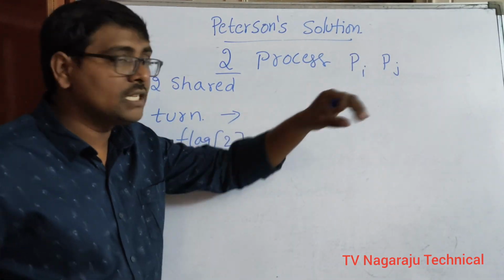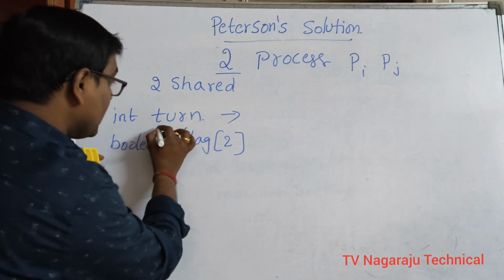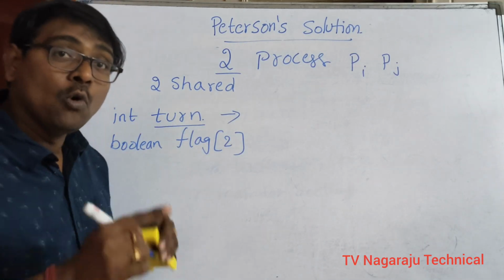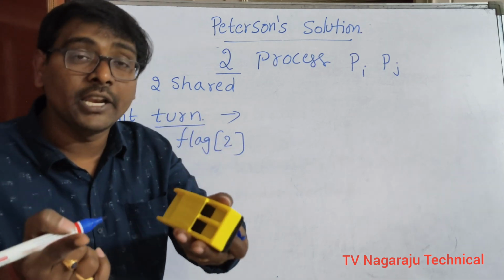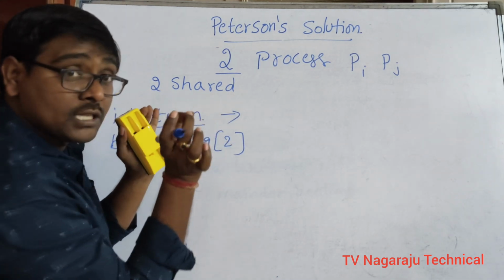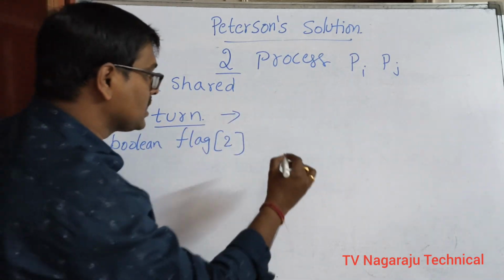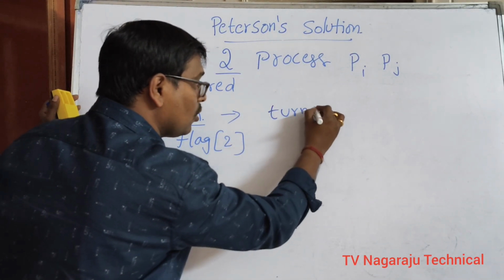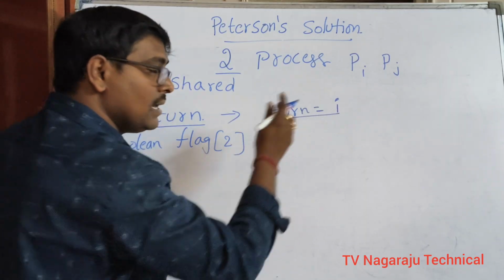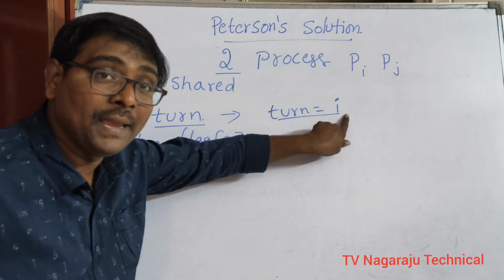If the two processes want to enter into the critical section at the same time, turn specifies whose turn it is to enter into the critical section. That is simply the process to which we allotted the critical section. For example, if turn is equal to i, the meaning is the critical section is allotted to process Pi.